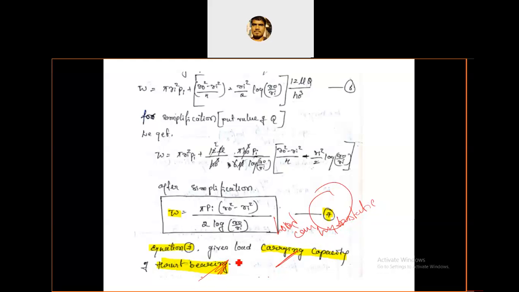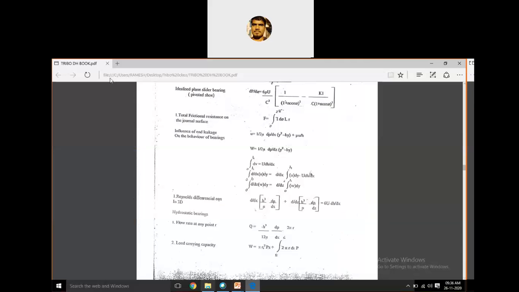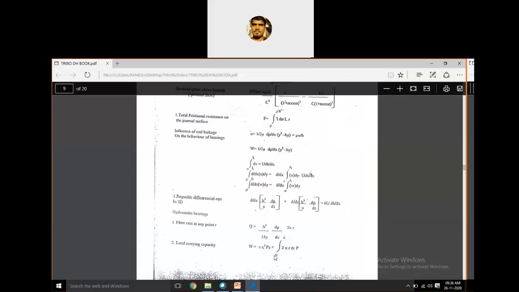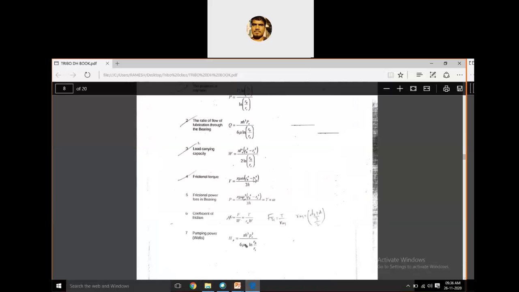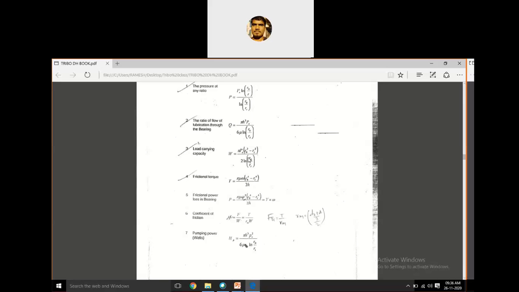Hydrostatic thrust or step bearing, whatever it may be, this is W. You get the same equation here, the data angle. Load carrying capacity, okay, here W is equal. The same equation we derived. Is it clear?